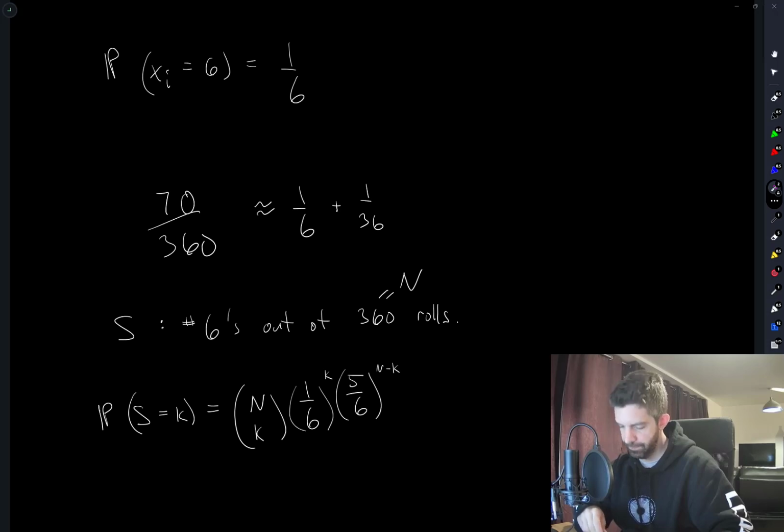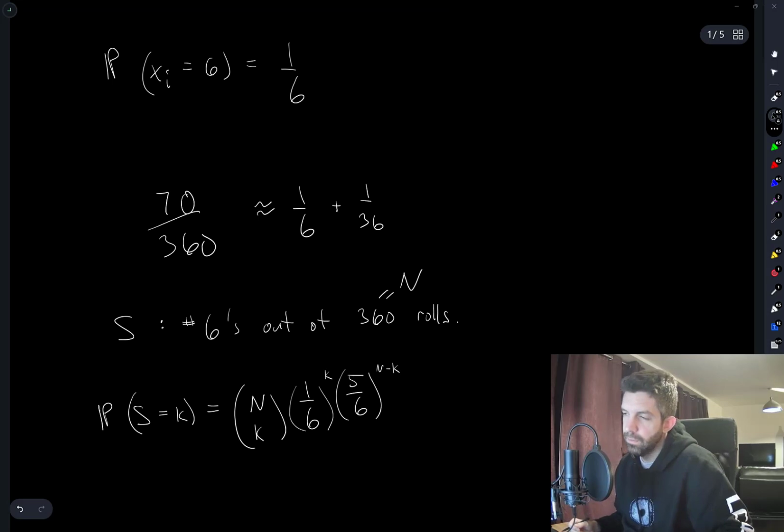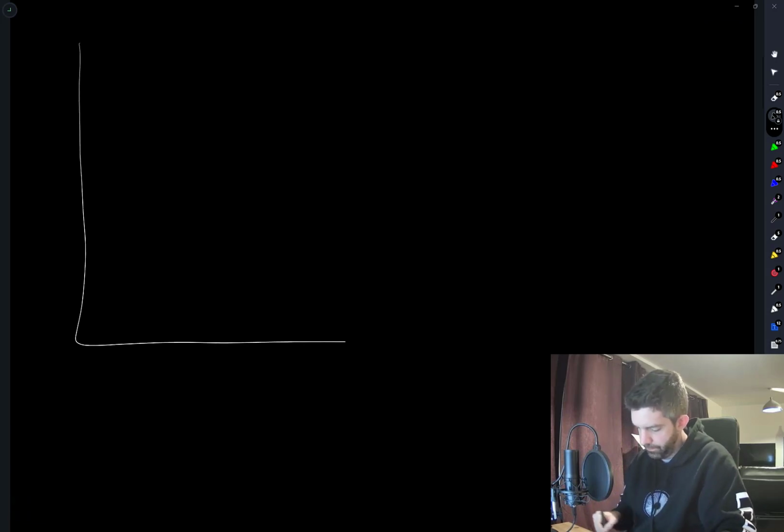I don't know what the best way to work out some kind of approximation to this is, but is there a central limit theorem thing we could do here? What is the distribution of the number of rolls going to look like?